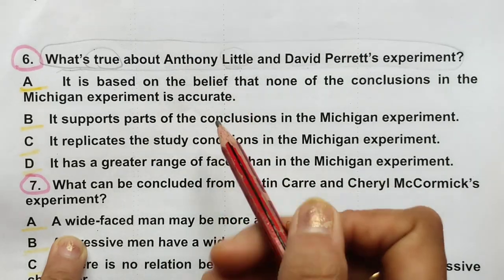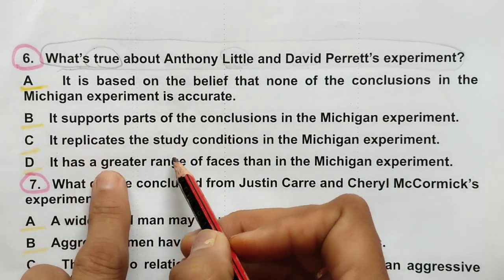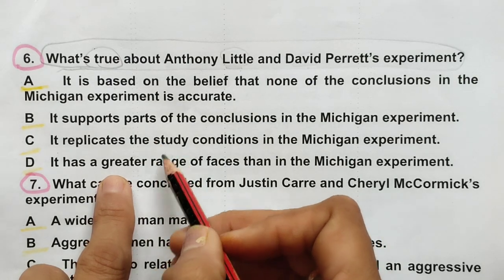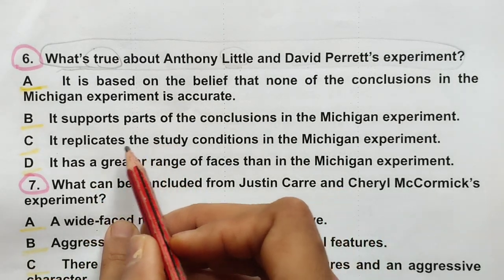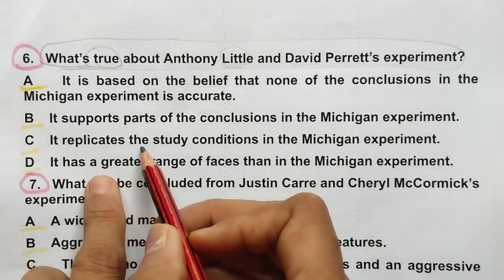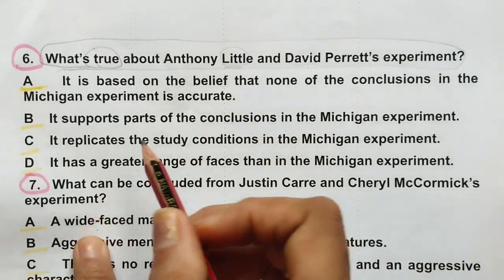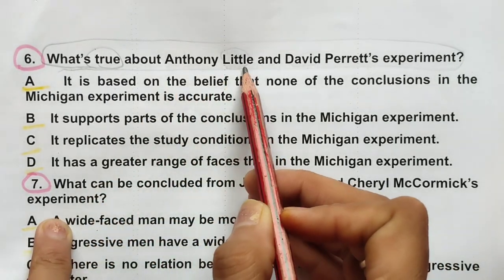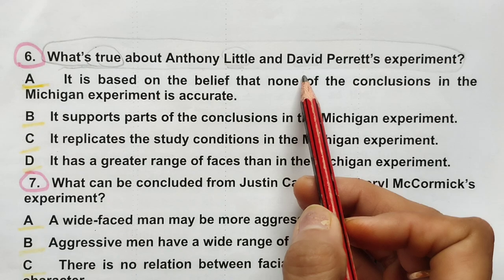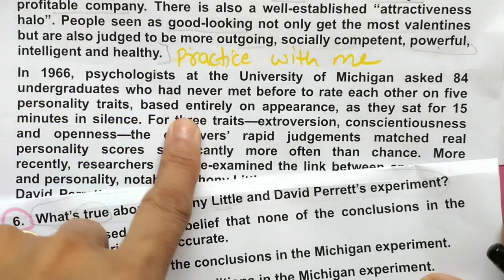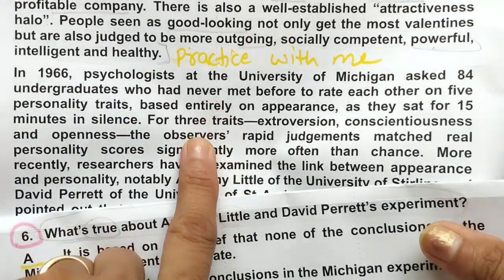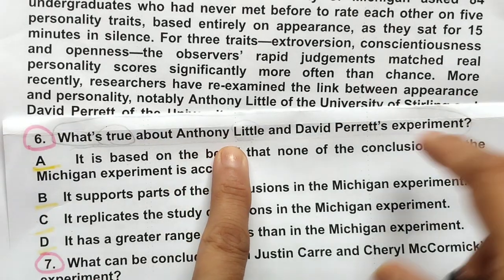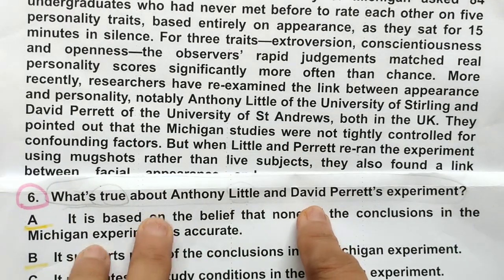So we will try to find out which one is correct out of C and D. Definitely one will be matching directly or indirectly. So let's find this Little and David Perrett's experiment. This paragraph we have done, and we are looking for this person's name. Anthony Little.